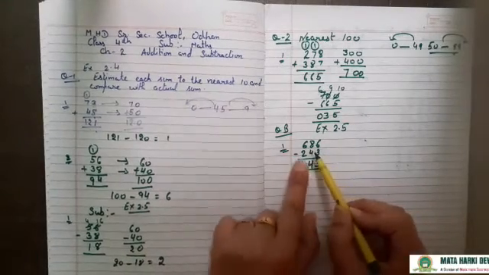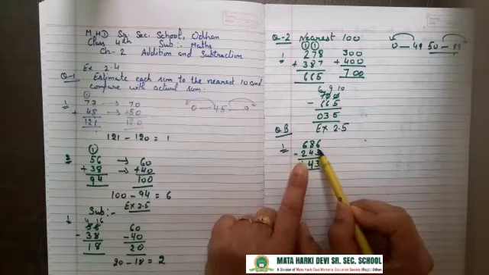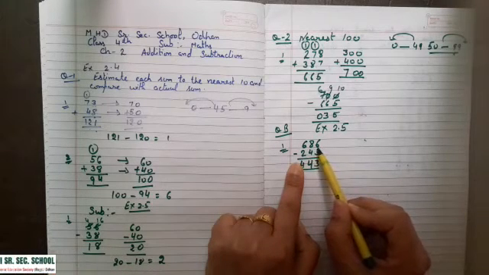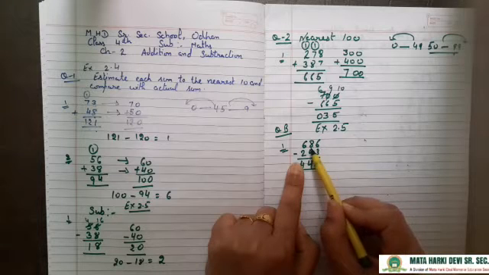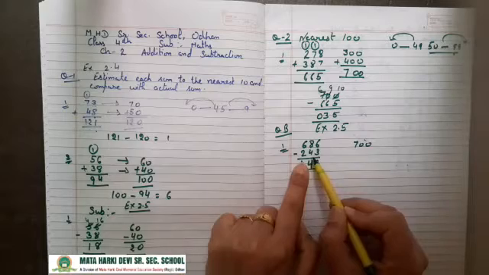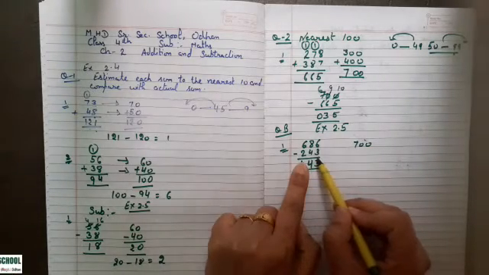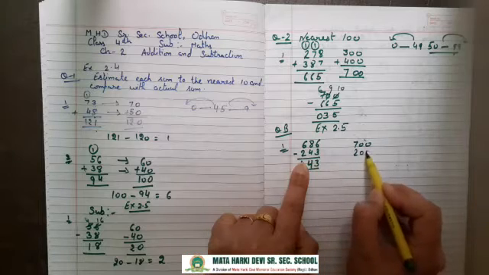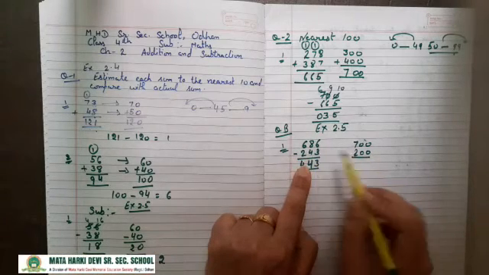And if we see it nearest 100, the last two digits are 86, so it will become 700, and as these last two figures of 243 are 43, it will become 200. It will go backward.